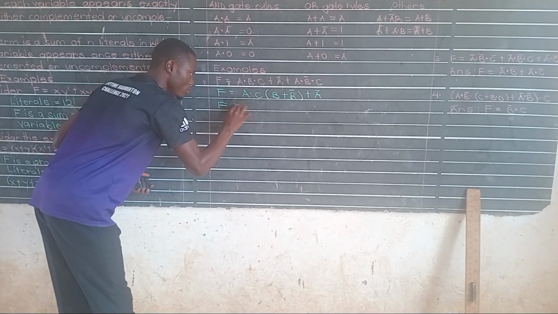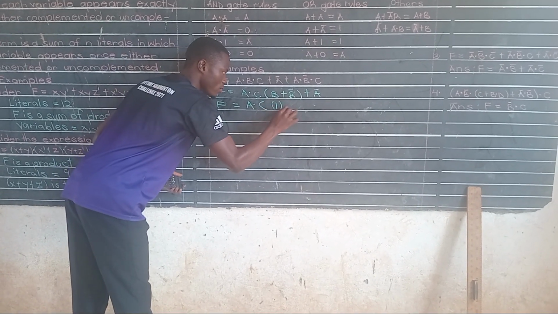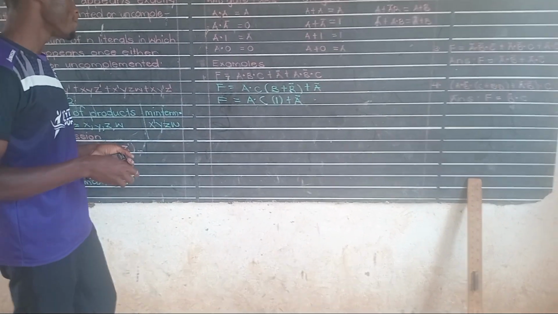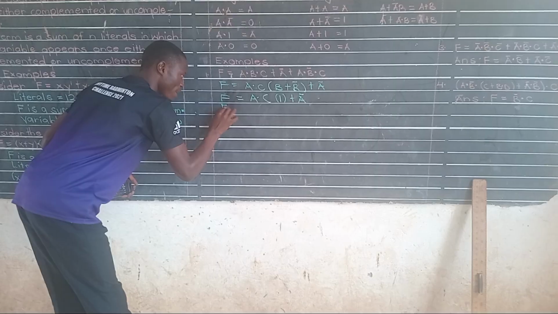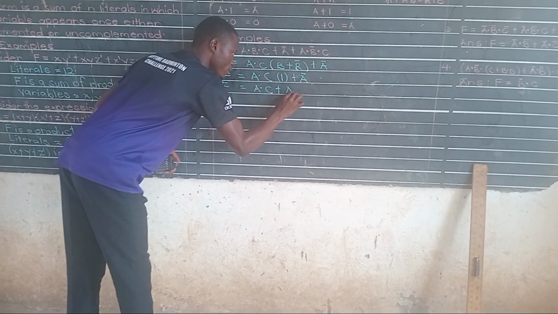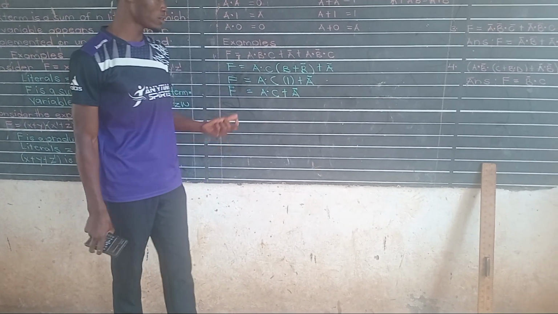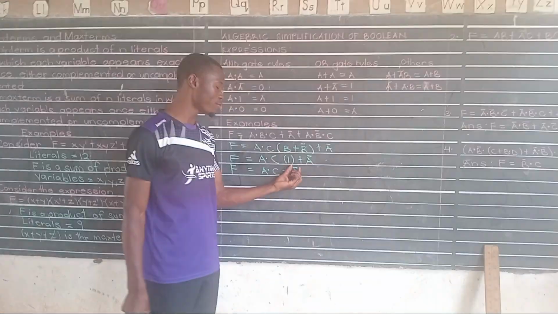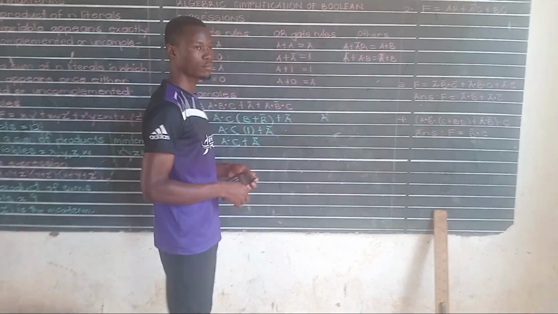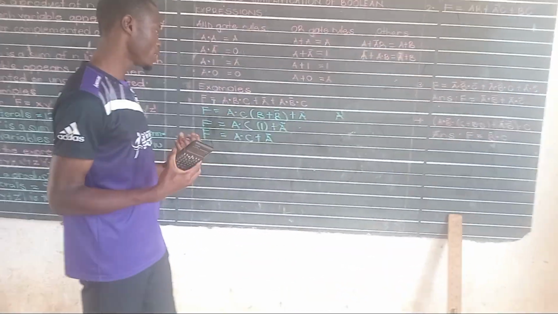So I have my function A C into 1, or not A. So that's where I am, which I can simplify to have it as A C or not A. Members, I'm using a bar just for convenience purposes. It is okay if I use a prime or a complement, but I'm using a bar because it is convenient for me when I'm writing it.